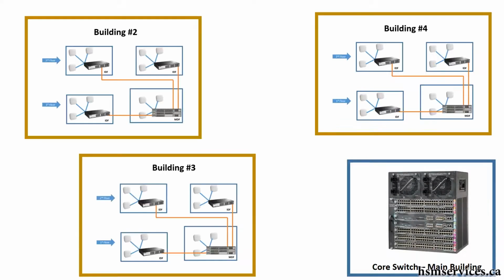If we look at this scenario in more detail, we've got our core switch in our main building, and we've got several other buildings, and they've each got their own connection, and we just trunk them all together.